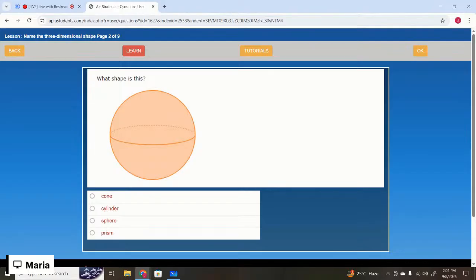What shape is this? Cone, cylinder, sphere, or prism? Yes, this is a sphere. Option number 3 is the correct option.